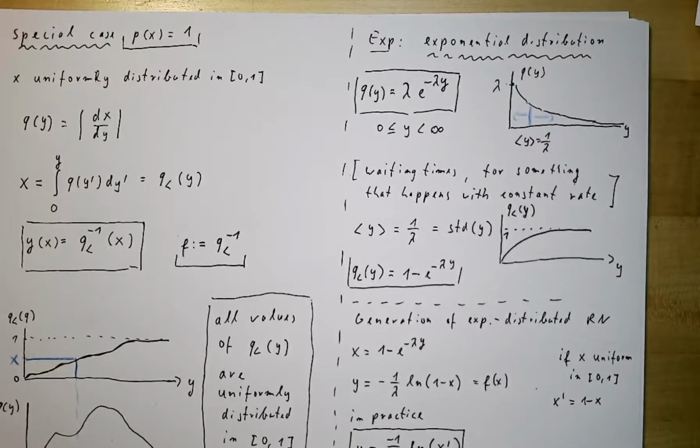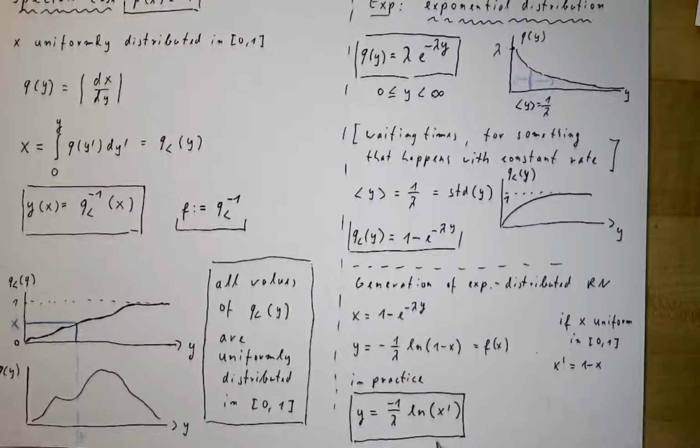So we generate a random number uniformly distributed between 0 and 1, take the logarithm, normalize by minus 1 over lambda, and then we have our exponentially distributed random number.